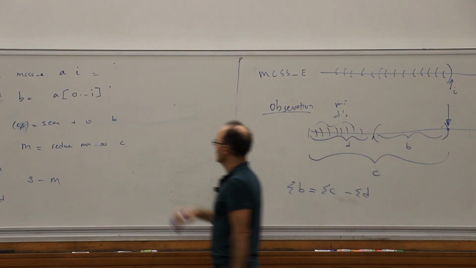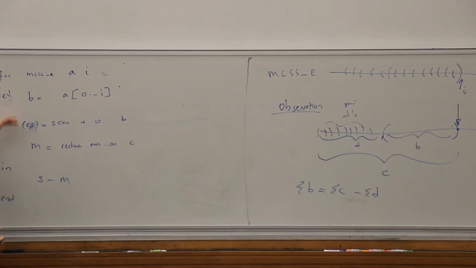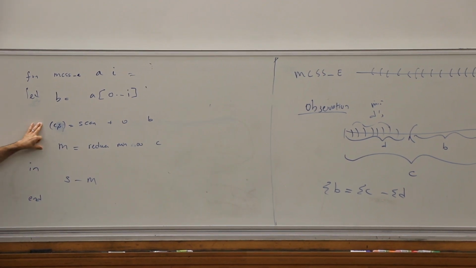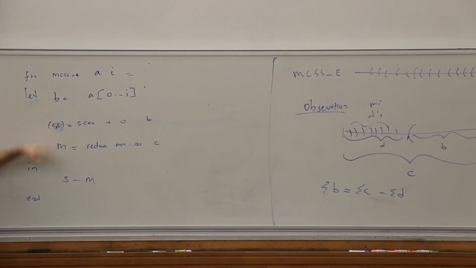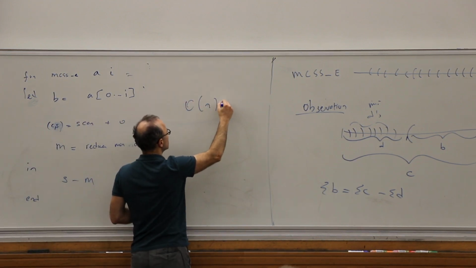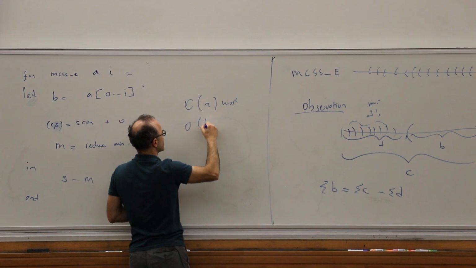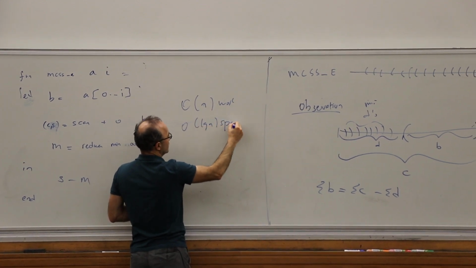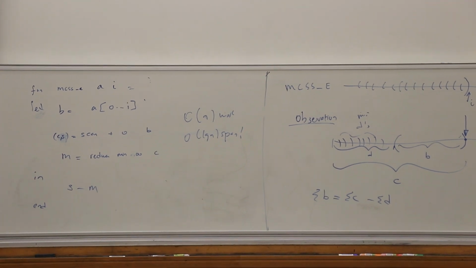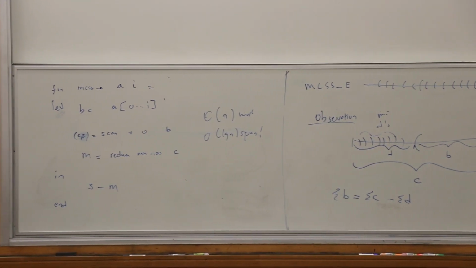So this is a linear work algorithm, right? All of these are linear cost computations. These guys are log span computations. These are all constant. So we have n work, linear, log n span. Again, very good.